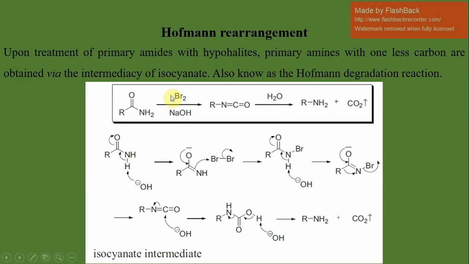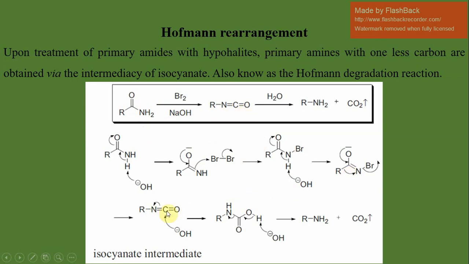Hofmann rearrangement. Here, a primary amide is treated with bromine and a hydroxide base. The detailed mechanism is given here. It is self-explanatory with all the arrow marks shown. So the primary amide on treatment with bromine and sodium hydroxide results in the formation of alkyl isocyanate.